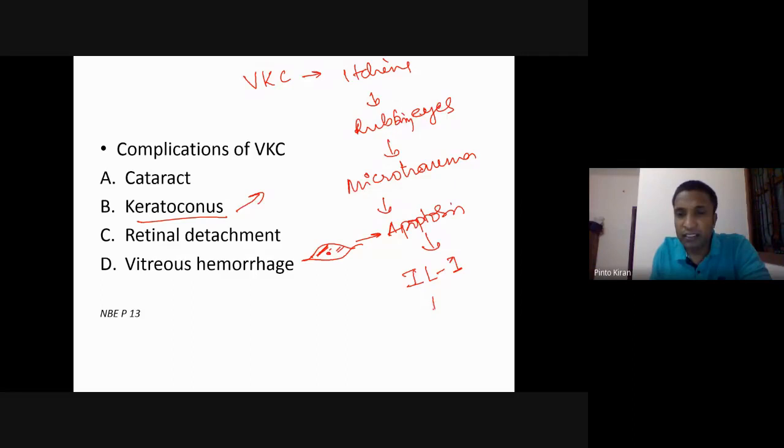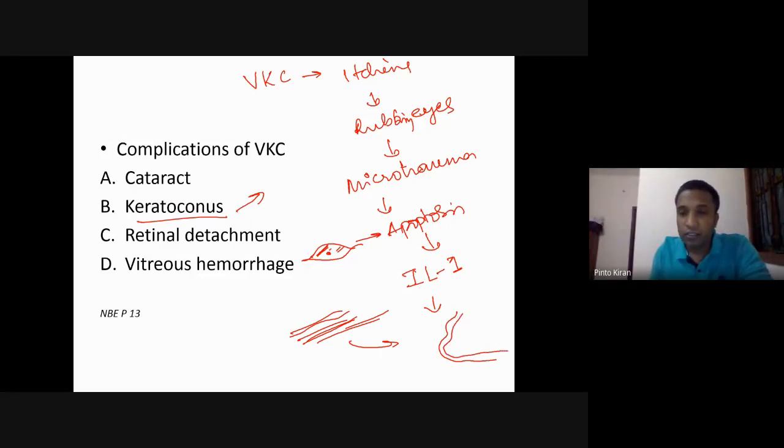This interleukin will cause lysis of the collagen fibers. Whenever there is lysis of the collagen fiber, the strength of the cornea will become less, and the cornea will protrude, forming a keratoconus.